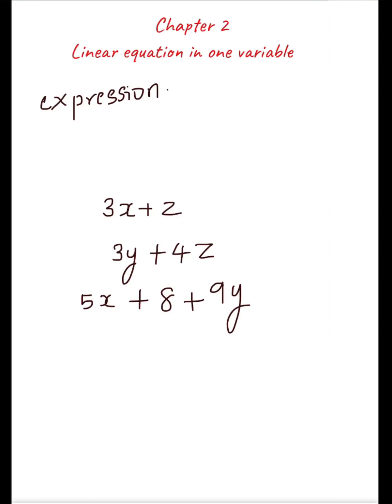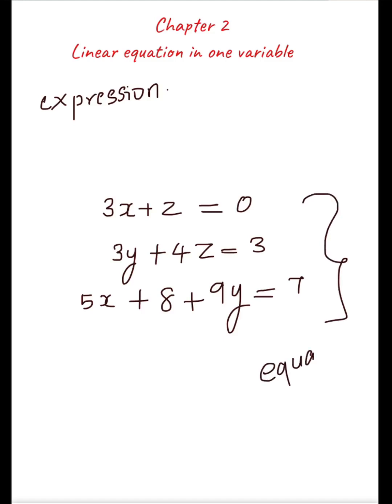Understand? Now, how will an expression turn into an equation? If we are equating this expression equal to something, if I am equating it to 0, or if I am equating this to 3, or 7 or something like this, then the expression will turn into an equation.